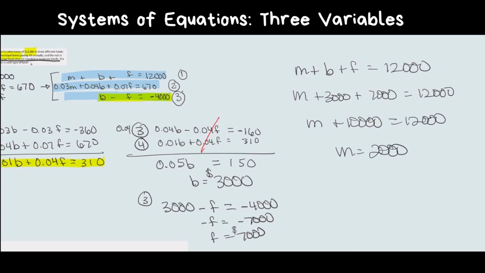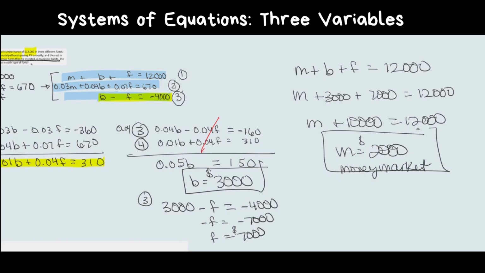So what do we know? 2,000 in mutual funds, 3,000 in bonds, and, oh, that wasn't mutual funds. What was that? Money market. This was money market. Bonds was 3,000, and then mutual funds was 7,000. And those are the three amounts that was invested. Okay.